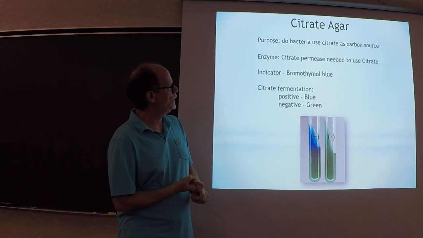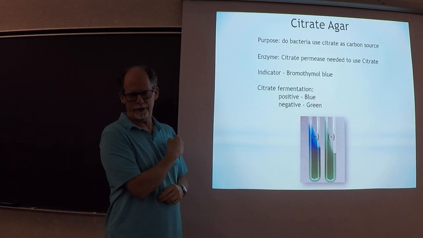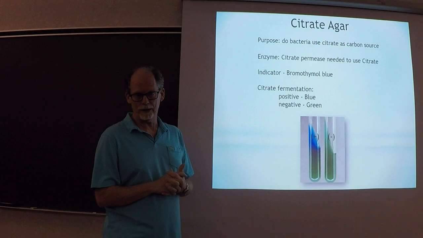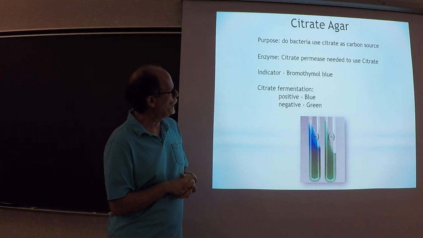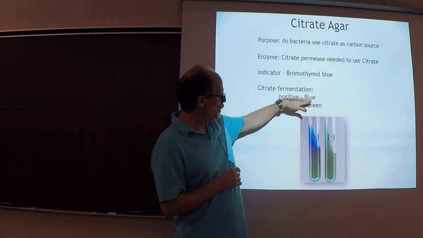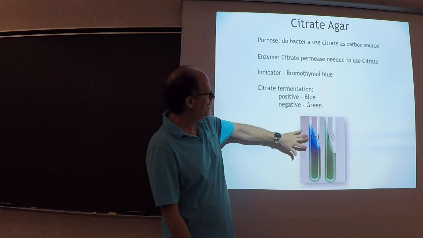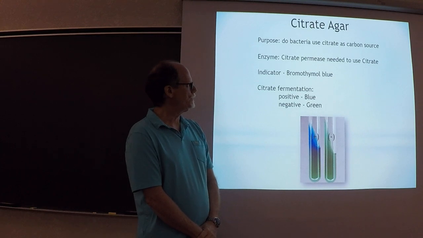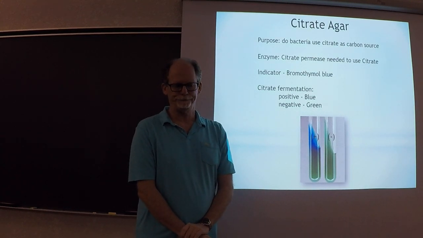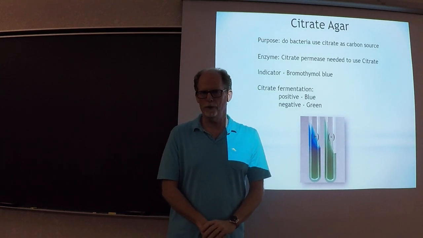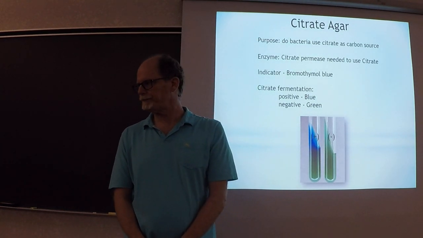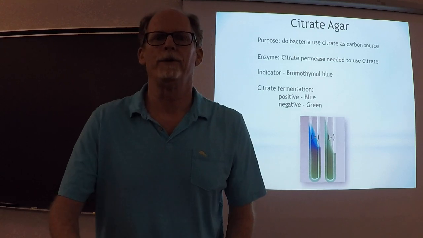There's no inhibitor in this media. There's no inhibitor in the MRVP media either. You don't have to include them, but you should include that remaining green is negative, and a blue color indicates citrate was utilized. So those are 3 pretty straightforward media for lab number 3, or lab video 3.